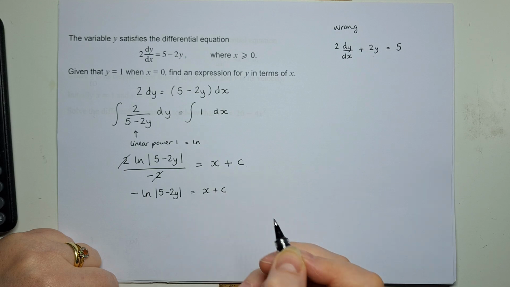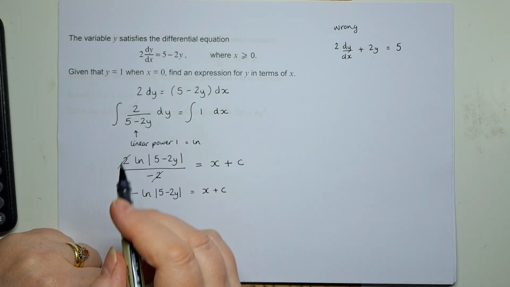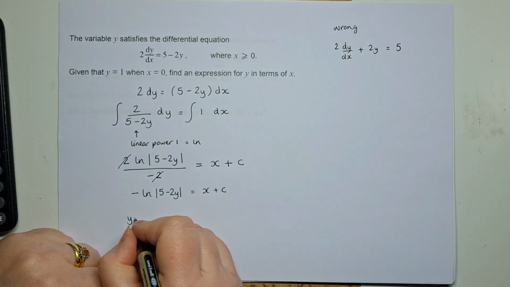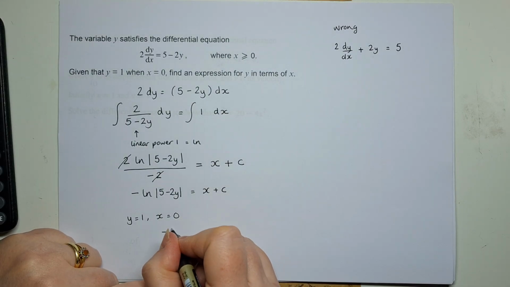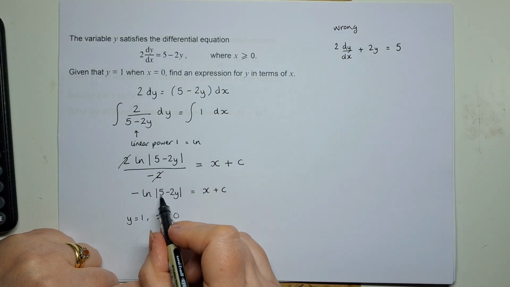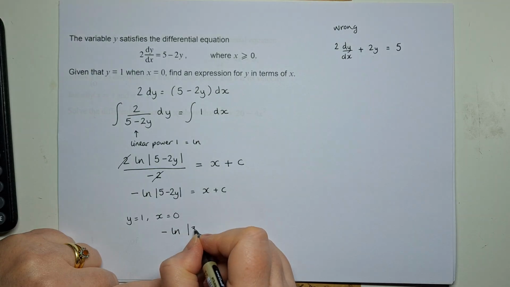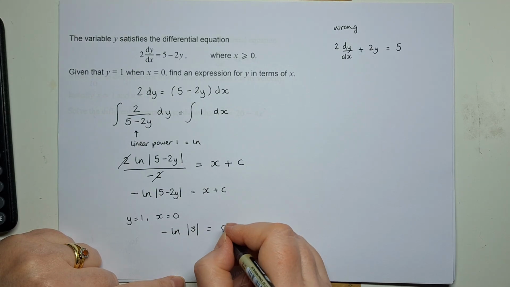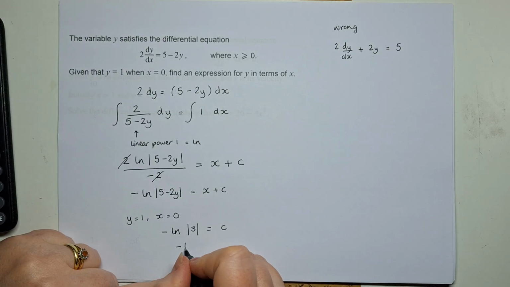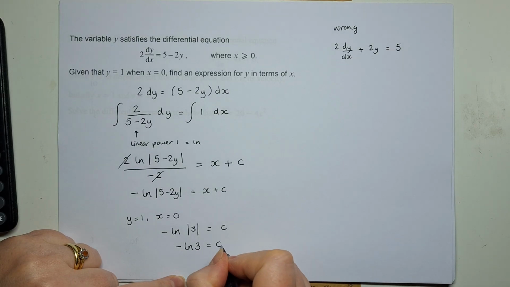Okay, so given that y is 1 when x is 0, that would give me minus ln of 5 minus 2, which is 3, and modulus 3 is just 3 anyway. X is 0, so that gives me minus ln 3 for my constant.